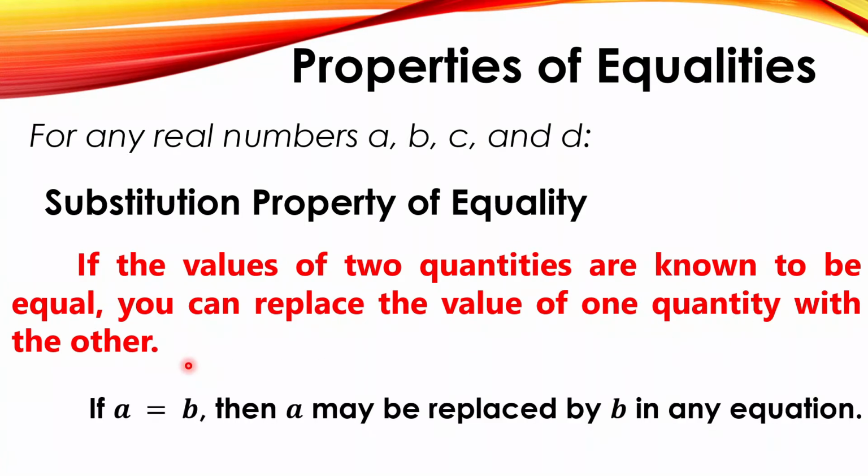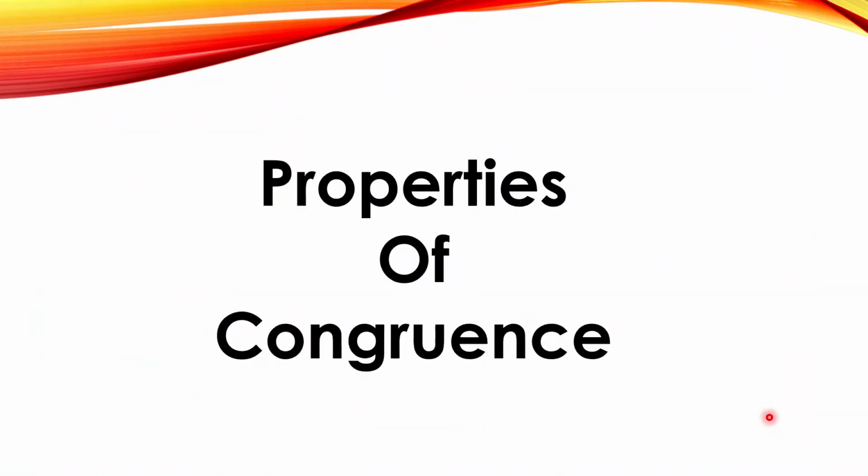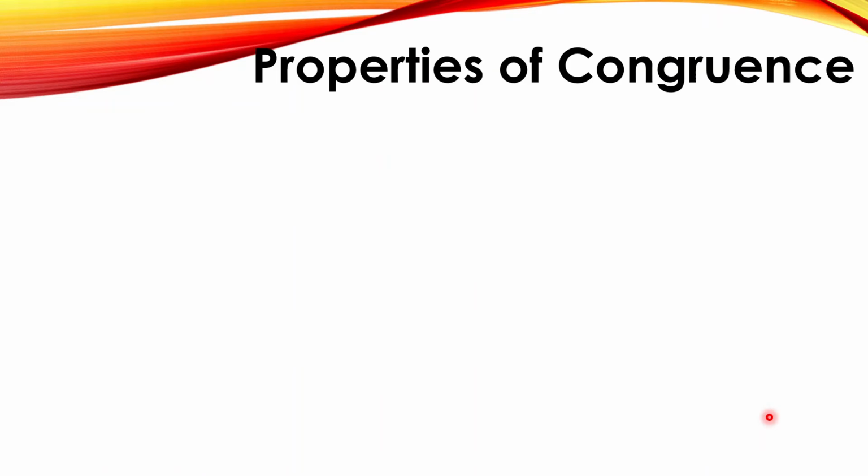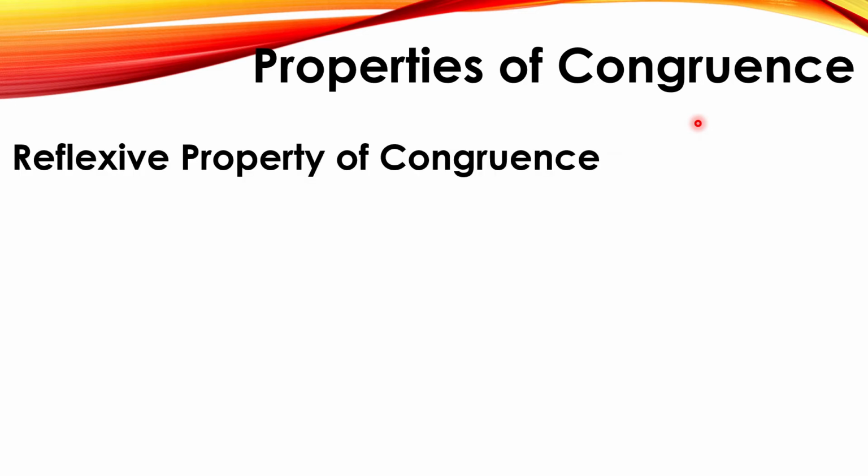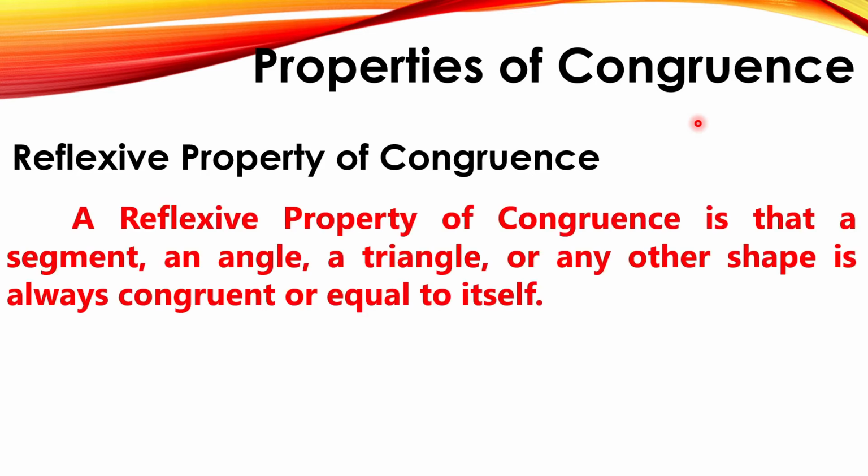So we have here, if a is equal to b, then a may be replaced by b in any equation. So let's proceed now to properties of congruence. We've done the properties of equality. Properties of congruence, the symbol is congruent. So first, we have the reflexive property of congruence.